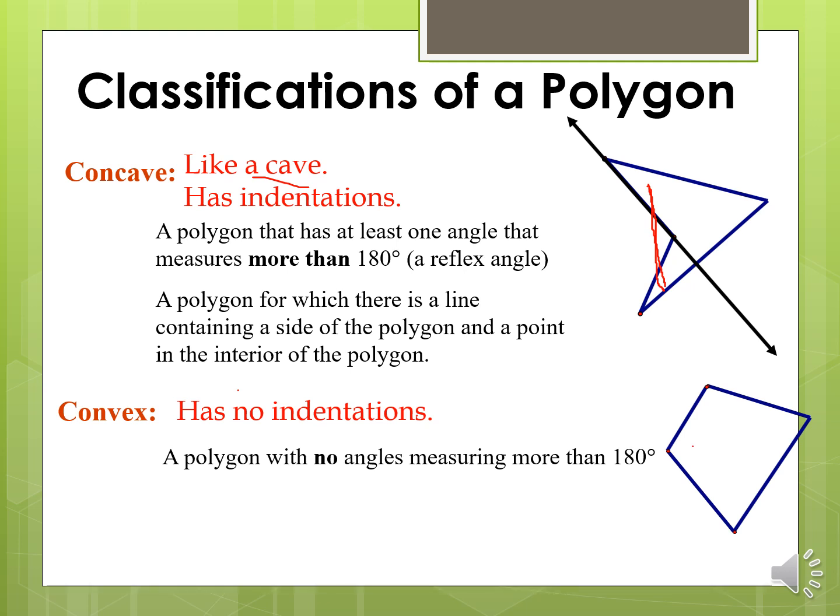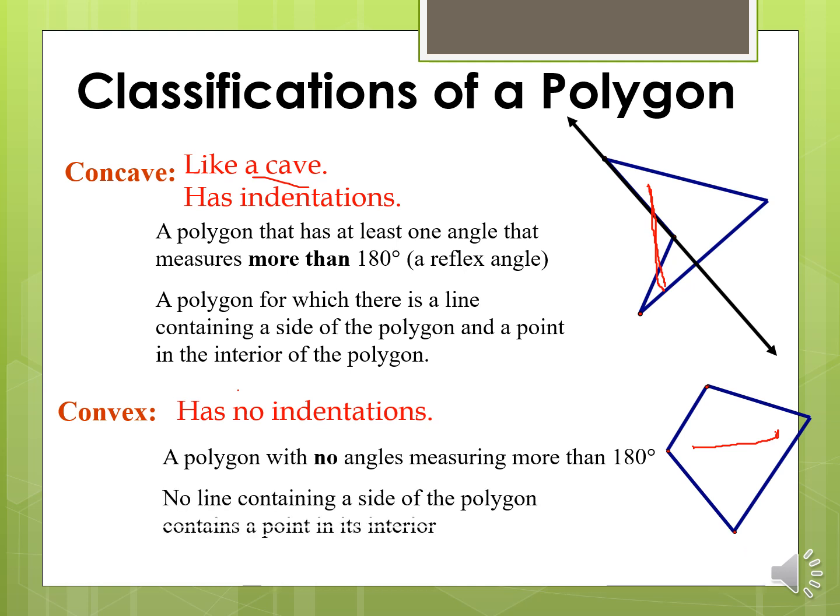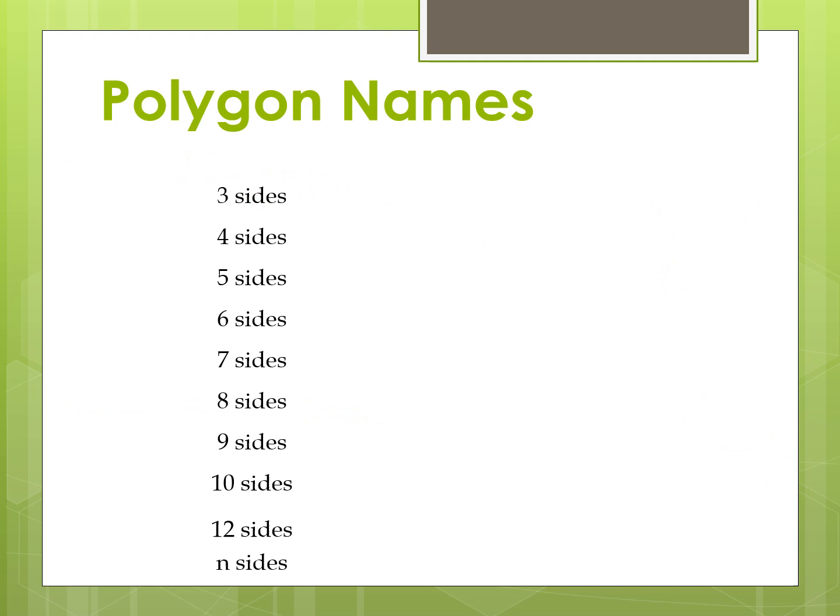And the other one: if we pinpoint any point inside the polygon and the point is never outside the given figure, then that one is what you call convex. So that is another difference in identifying convex and concave. In a convex polygon, there is no line containing a side of the polygon that contains a point in its interior.